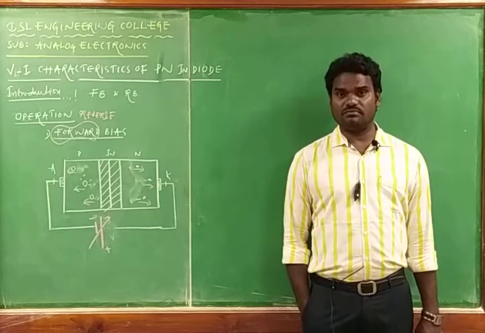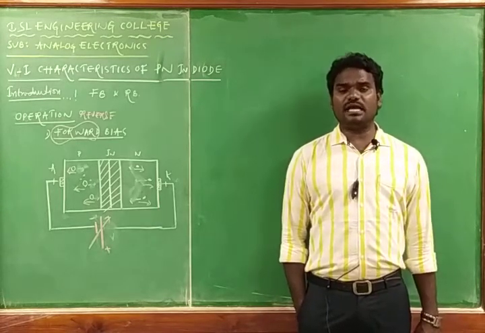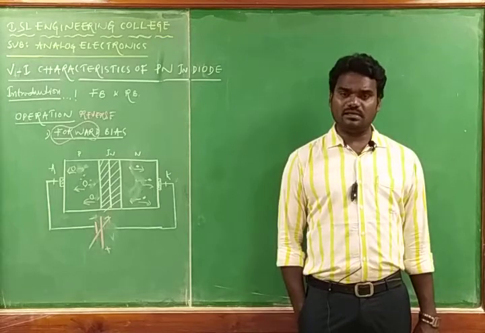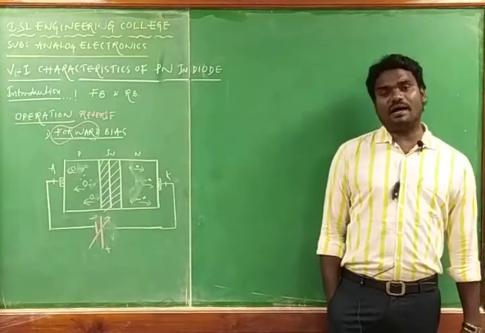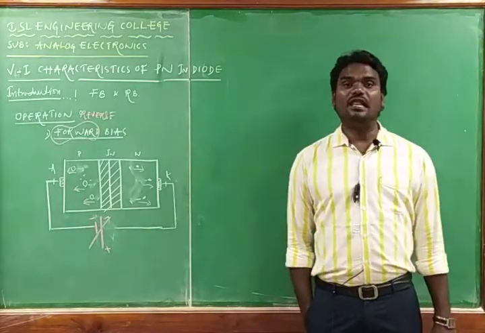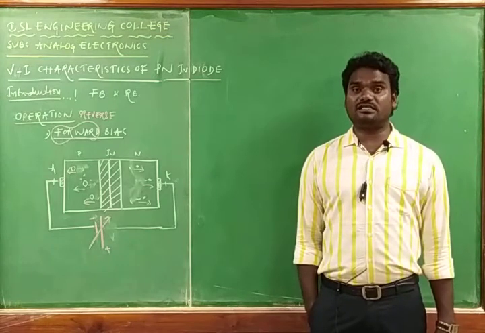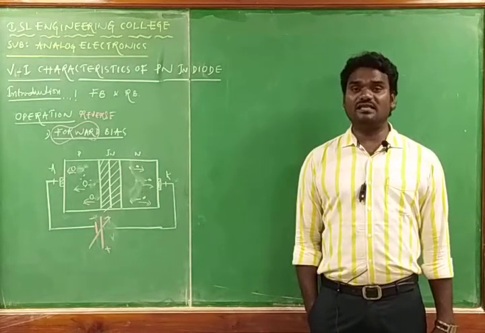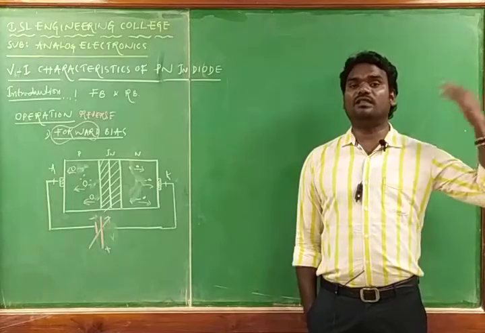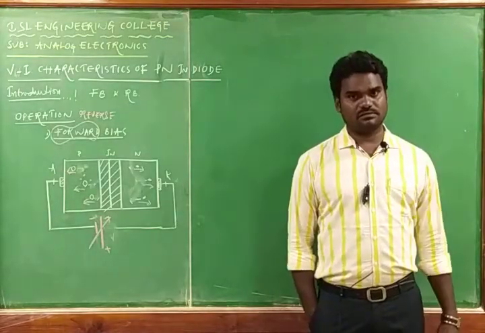Milliamps means 10 power of minus 3 in forward bias, microamps means 10 power of minus 6 in reverse bias, so the diode conducts 1000 times more current in forward bias than in reverse bias.